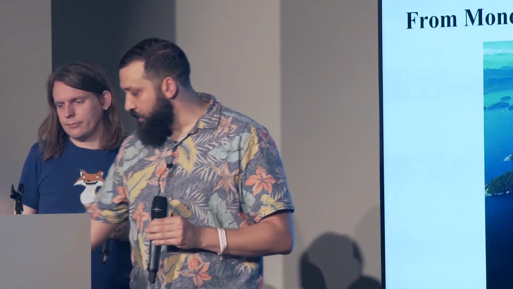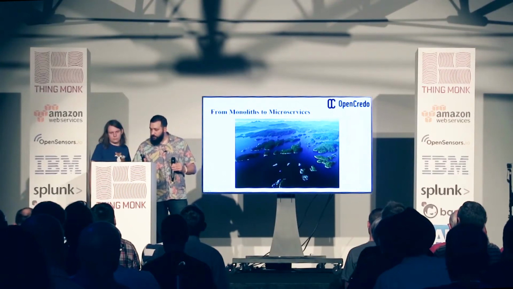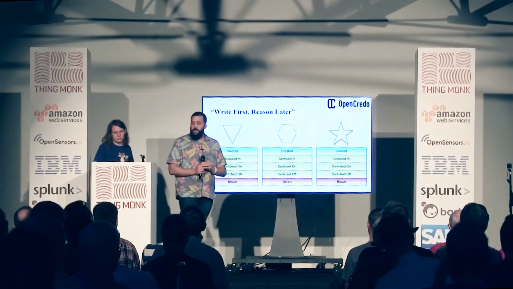So rather than having a model of presence, what we allow is a model of multiple presents, where you can build multiple views, and each view is consistent for the purpose you built it for. And then it makes things much easier to build applications. This concept we call write first, reason later.